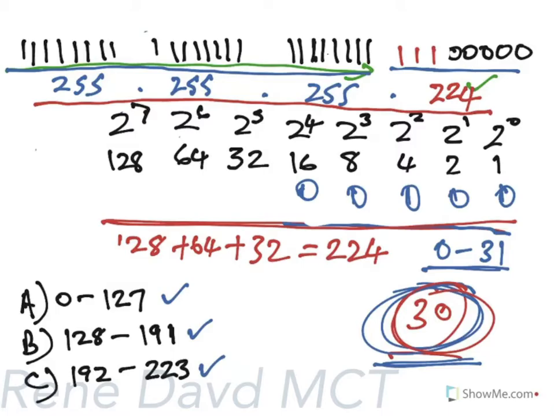Whatever's left become your network bits, or 1s. Take those values and add them up: 128 plus 64 plus 32 gives you 224, and that's how you end up with your subnet mask of 255.255.255.224. All right, let's try one more example.